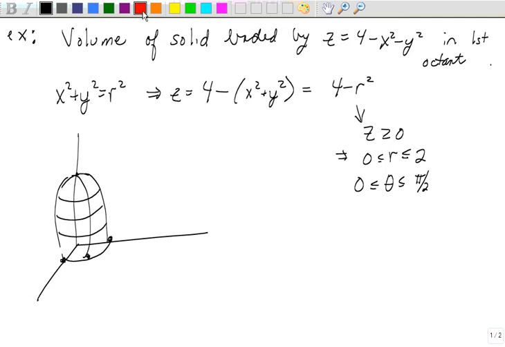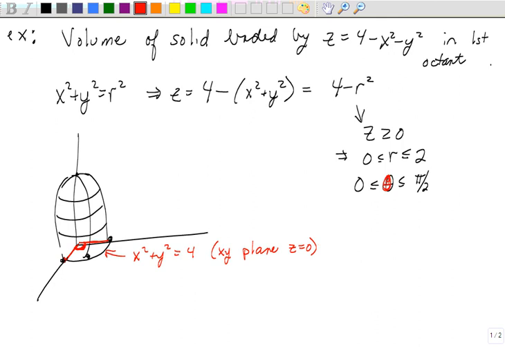So you can see theta is from 0 to pi over 2 in red, that's theta, and r is from 0 to 2, because the base is that circle. Right here, this circle is x squared plus y squared equals 4 in the xy plane. You let z be 0.